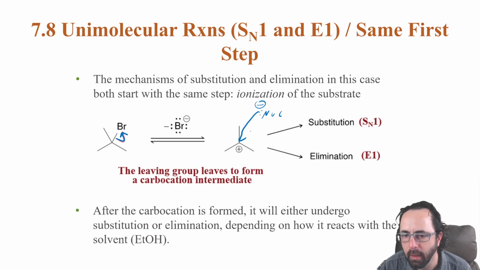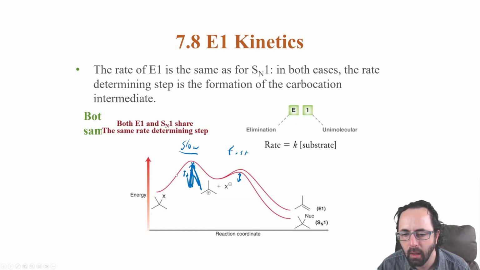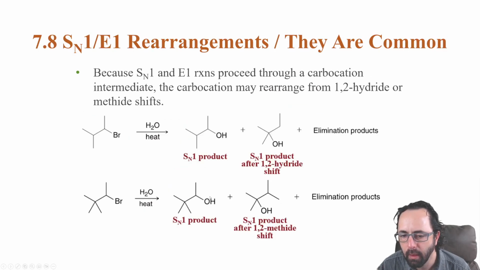Simple enough on that mechanism. The E1 mechanism that I mentioned specifically is an extra step. It's a little bit more involved. But either way, these two are going to compete significantly. And in addition, they'll each be susceptible to a carbocation rearrangement here.